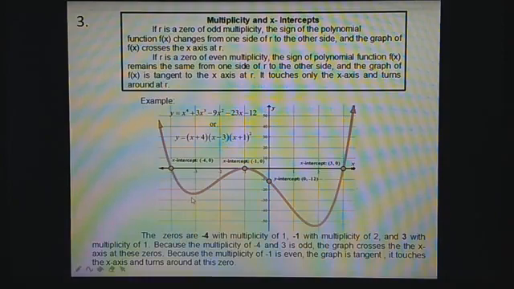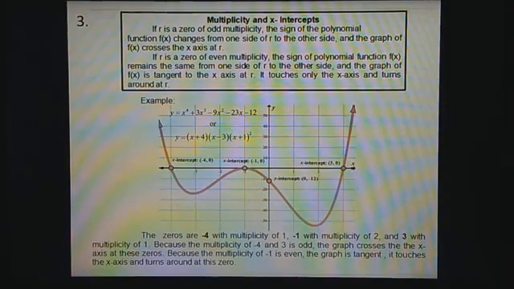Kaya sabi doon, changes from one side to another side. From positive side going down to negative side. That's why it crosses the x-axis. Bakit crosses? Kasi nga, yung negative 4 mo na value ng x ay mayroong odd multiplicity. Bakit odd multiplicity? Yung factor mo kasi, ang exponent ay 1 and 1 is an odd number.